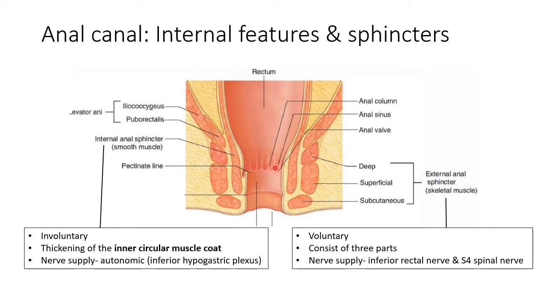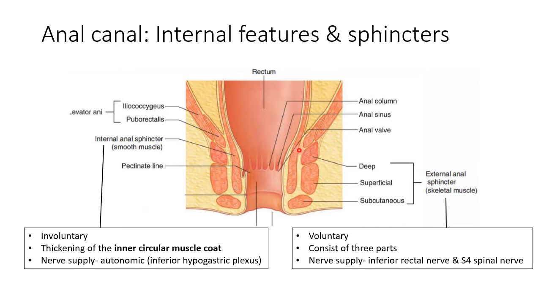Now this is the anal canal. So you remember the puborectalis is the part of the pelvic diaphragm or levator ani that demarcates the anorectal or rectoanal junction.